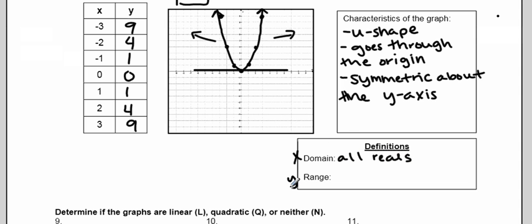Now my range, my y's, I notice I stop down here at y equals 0, but I continue forever and ever up. So my range is y such that all of my y's are bigger or equal to 0.